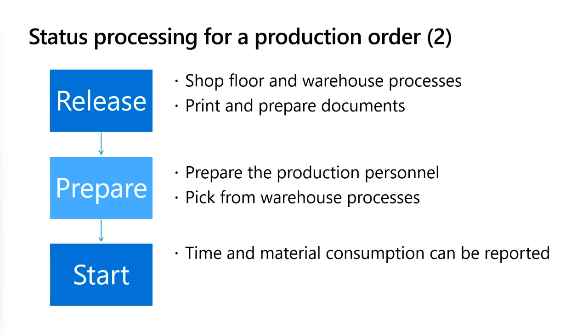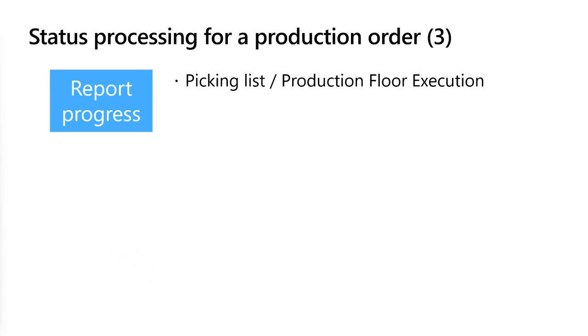As the next step in terms of status on the production order, starting the production order is the next step. Time and material consumption can be reported now, and you can also view the progress as the reporting continues. The next phase is that you report the progress by posting picking lists.